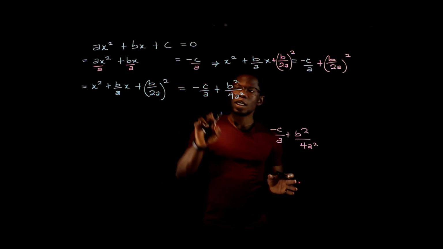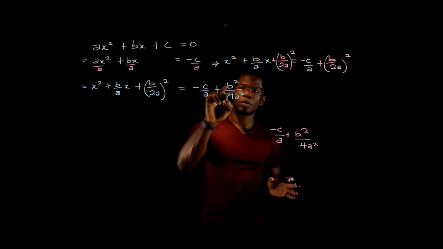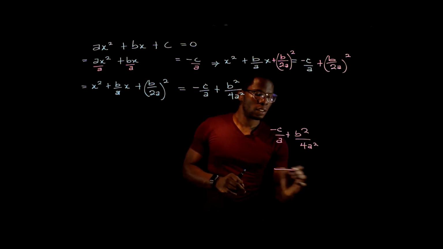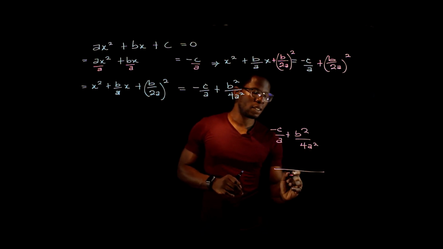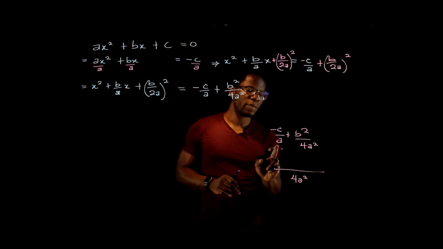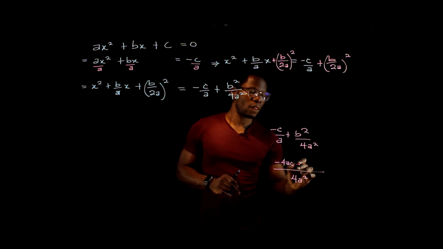So sidebar: if we have minus c over a plus b squared over 4a squared and we solve that, the LCM is 4a squared. 4a squared divided by a is 4a, multiplied by minus c gives us minus 4ac.